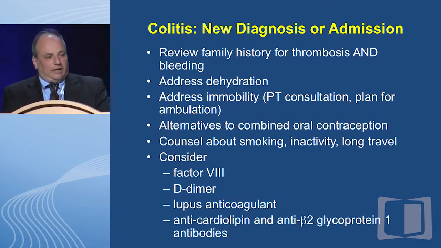So, what do we do if we have colitis at the time of diagnosis and they're inpatient? We review the family history for thrombosis and bleeding. We address dehydration. Hydration is very important to prevent clots. We address immobility, and we try to ambulate our patients as much as possible. It gets to be a challenge if they're C. diff positive and they're locked in their room, which sometimes happens, but we still try to get PT in there.